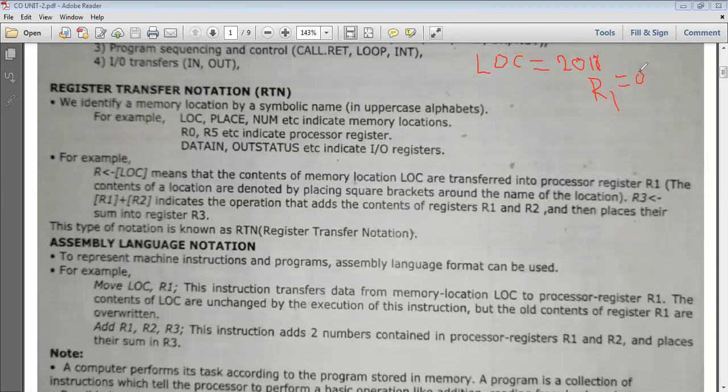Taking 16-bit registers, 500 will be represented as 0500.